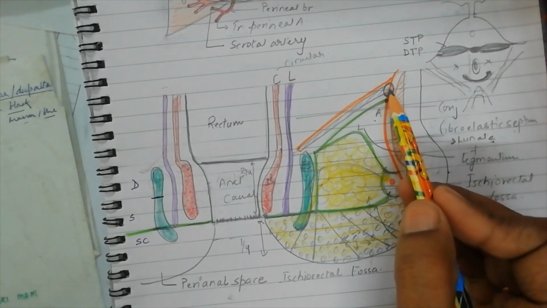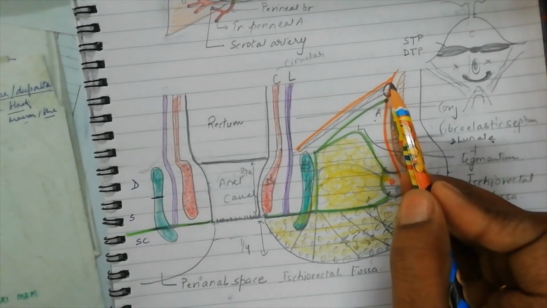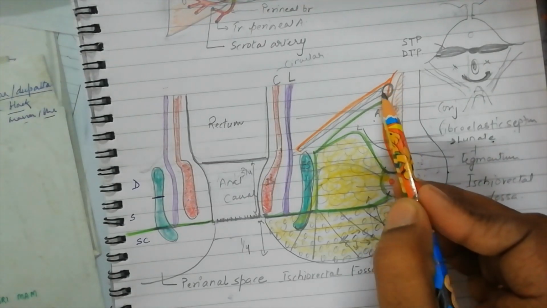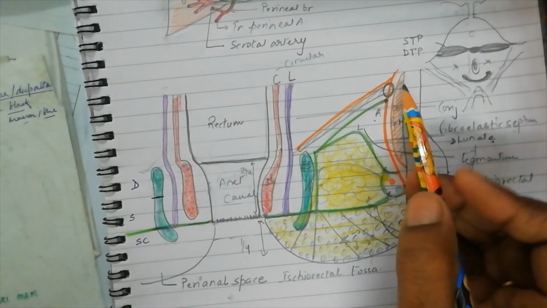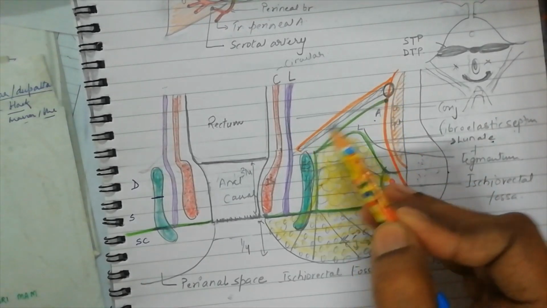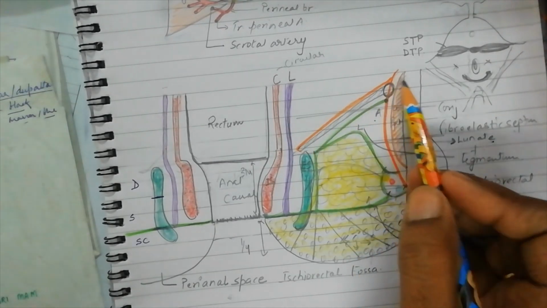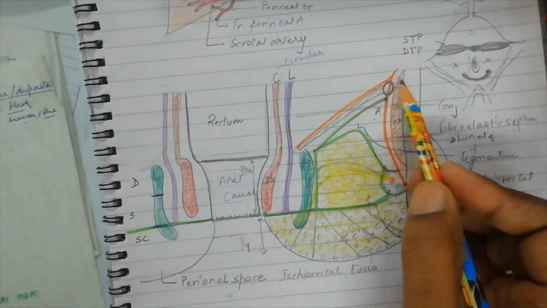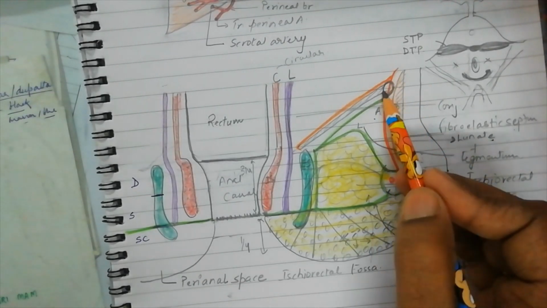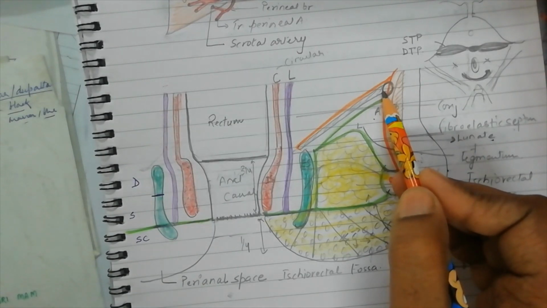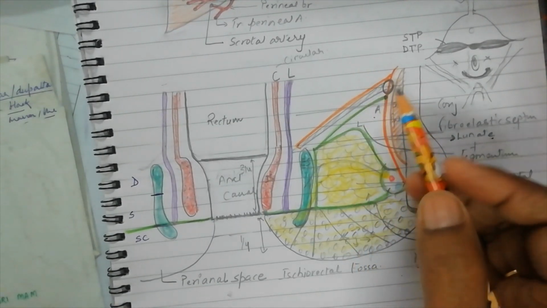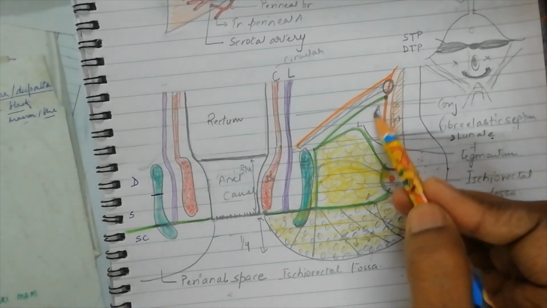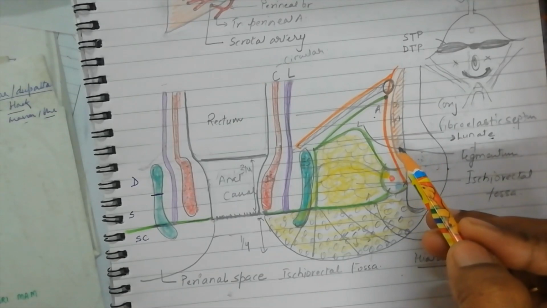Means at some places it is having deficient attachment to the obturator fascia. Basically, levator ani originates from the obturator fascia itself, but at some places it is having gaps. So these gaps are known as hiatus of Schwalbe, and the pelvic viscera can herniate through this hiatus of Schwalbe into the corresponding ischiorectal fossa itself.